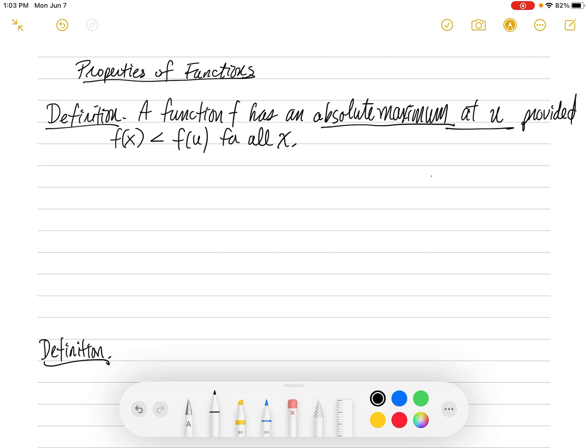So that means f of u is the absolute highest y value on the graph. So, yeah, let's draw a picture.